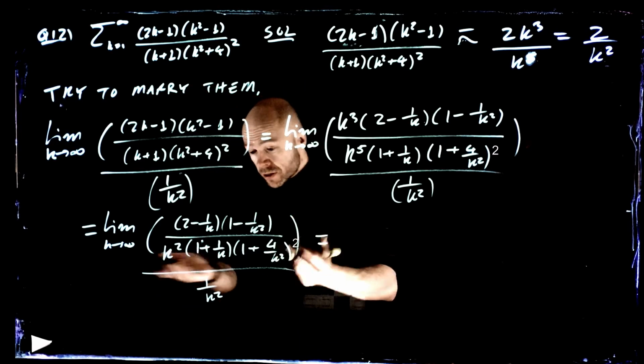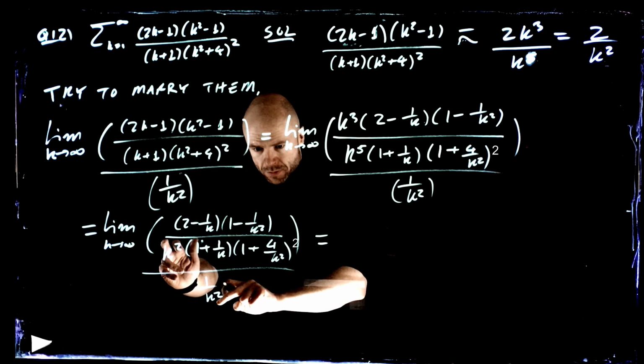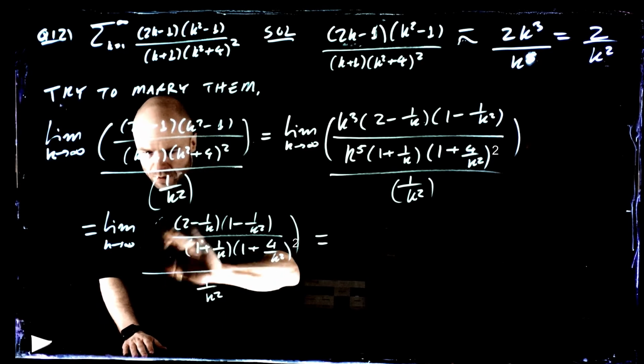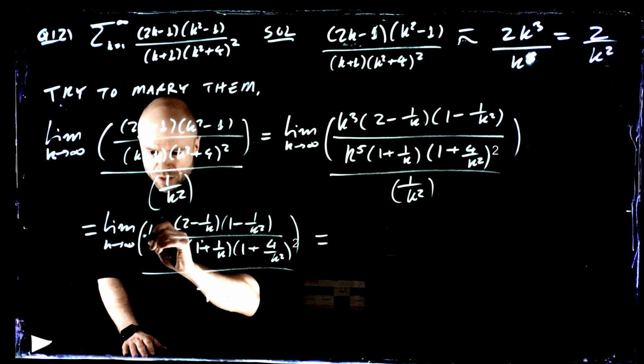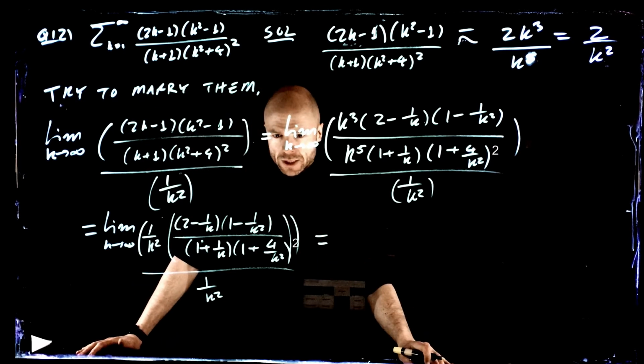And then we can just cancel out the 1 over k squareds from top and bottom. Because this thing is the same, I can just write this like 1 over k squared times everything like this. That's the same thing.